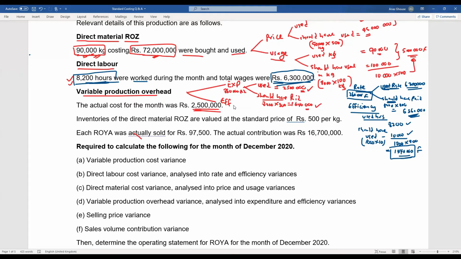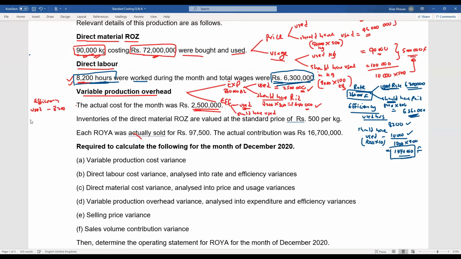Now for the efficiency variance, we look at hours: how many we used and how many we should have used. Hours used: 8,200, as given here.